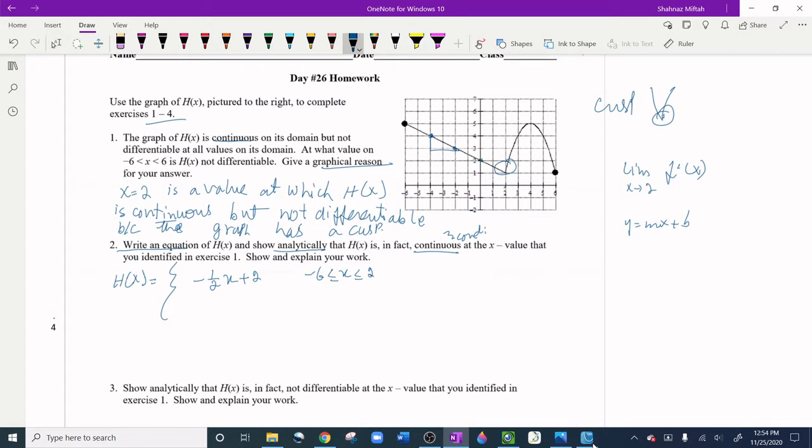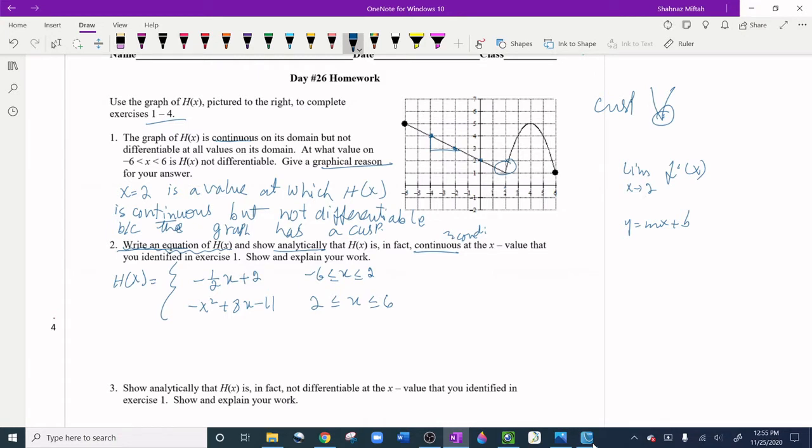Since they don't ask you these questions, I'm just going to directly give you the formula for that. It's going to be negative x squared, because it's upside down, plus 8x minus 11, and the restrictions are 2 less than or equal to x and x less than or equal to 6. So that's my equation.